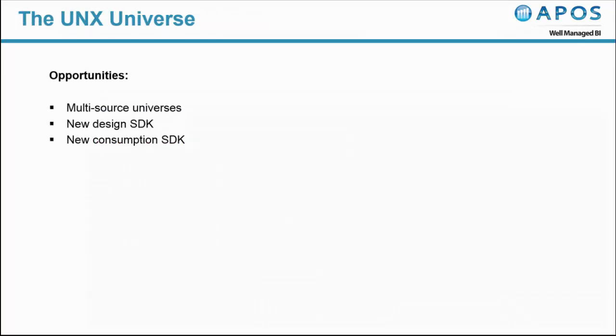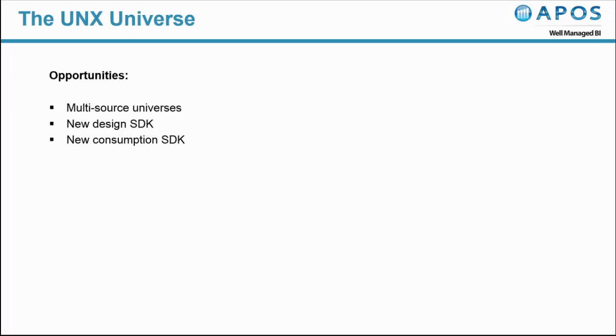So as we've seen, there are some changes in the structure of the UNXs, and now we want to look at some of the new capabilities and some of the new opportunities. First and foremost, multi-data source capabilities. The ability to combine data from different data sources is something that has been looked for a long time by a lot of people. So disparate data sources, as I mentioned, Oracle, SQL Server, Teradata, et cetera, can all be combined in one universe.